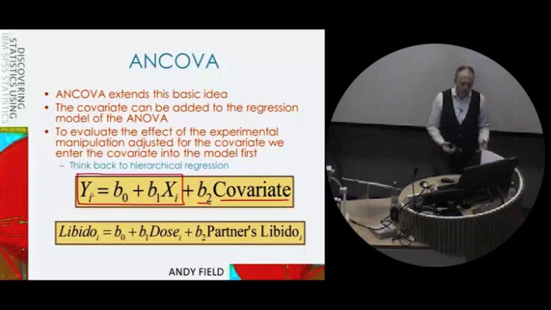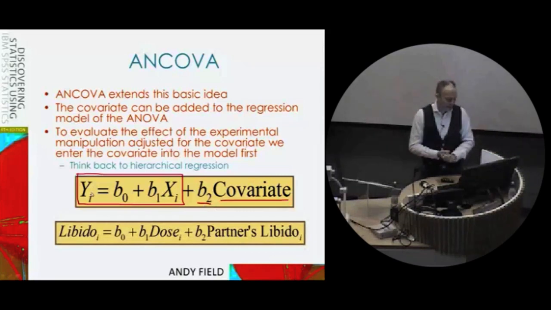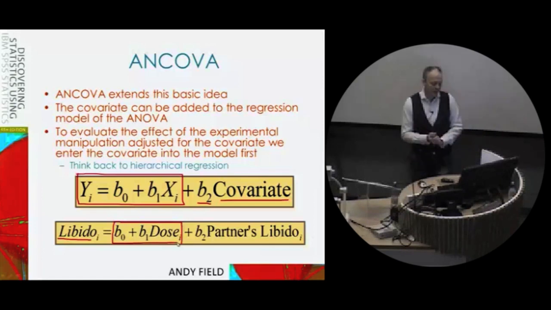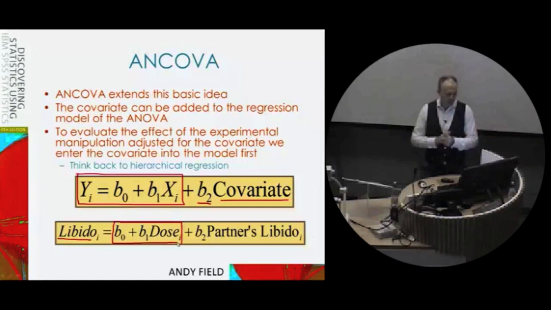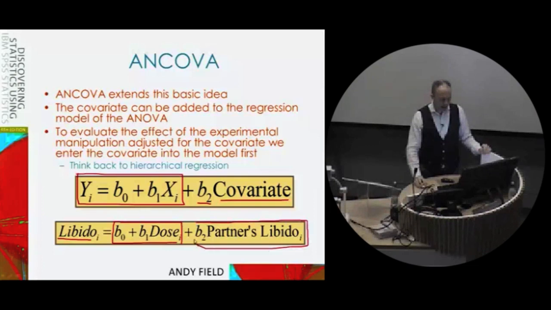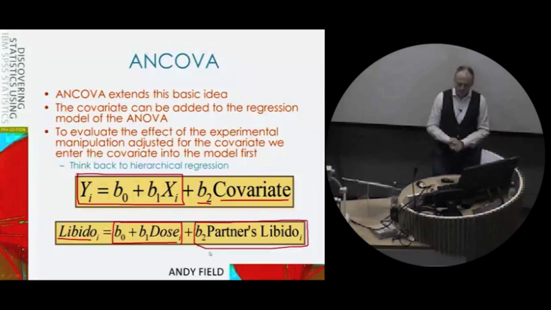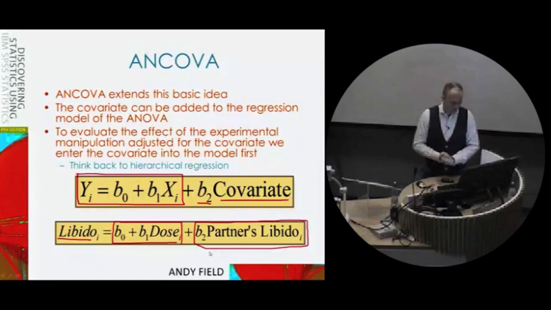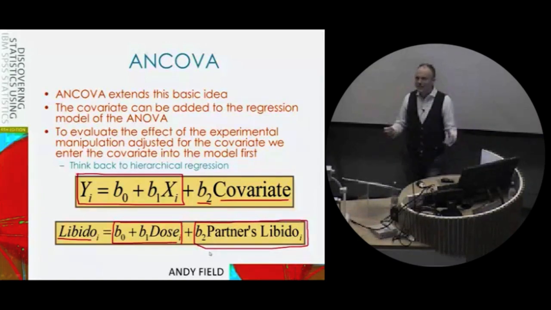In this particular example, if we replace some of the letters with names to make it make more sense, we're predicting libido. This was what we had originally, so if we were doing an ANOVA or a t-test type of analysis, we'd predict libido from the variable we've manipulated, and that variable would represent differences between the group means. So when we do an ANCOVA, we've measured partner's libido, we're just adding that in as an extra predictor.